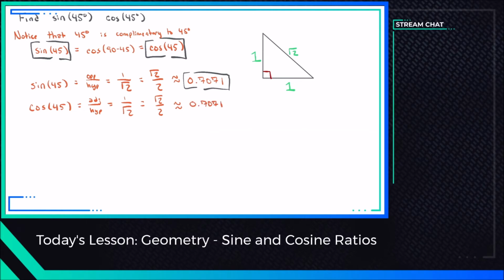Notice that I didn't really ever pick out an angle here because both of these are 45 degrees. So since those are both 45 degrees, we know that adjacent over hypotenuse is going to equal each other.